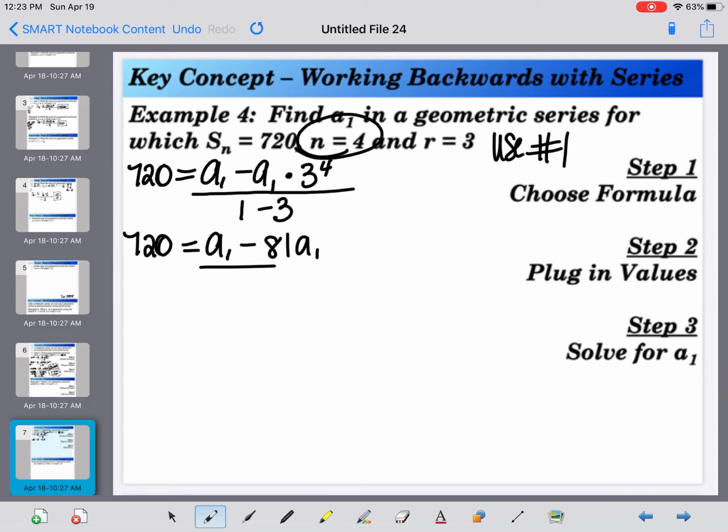And we're just going to clean up what we can here before we start to solve. So we can do 3 to the 4th, and we can do 1 minus 3. Let's get rid of that -2 first. Again, always we're going to multiply that as our first step.